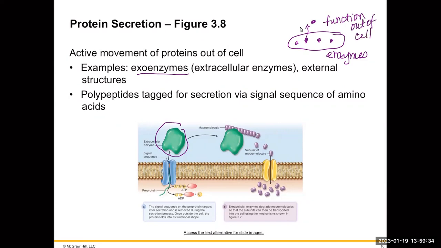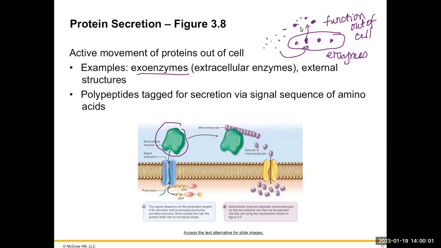Okay, so they're in here, they get excreted, and they work outside of the cell. So it's interesting because sometimes bacteria break down molecules out of the cell, and then the molecules get broken down into these smaller components that can then be absorbed into the cell.